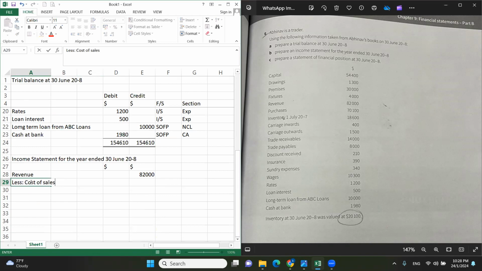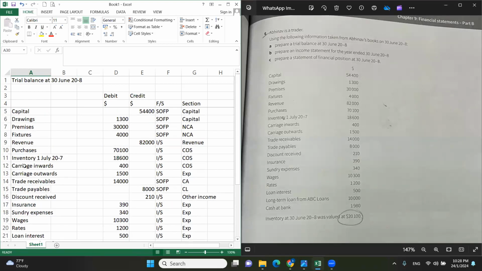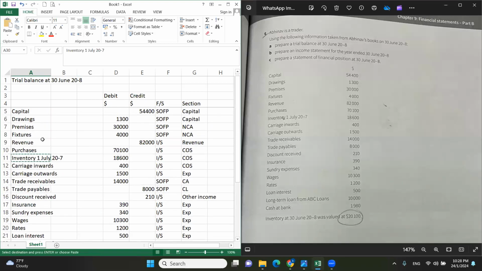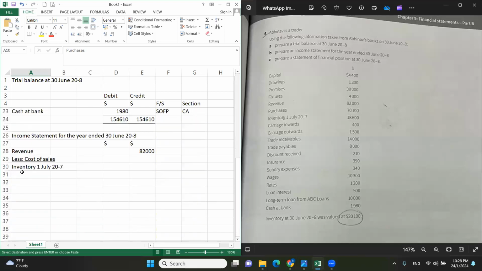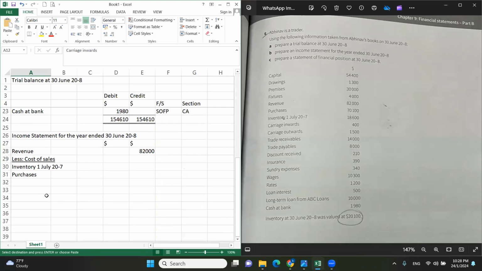Cost of sales. So our cost of sales is that, let me see, what are the cost of sales items? Opening inventory. This is opening inventory. We have the purchases, and then we have carriage inward, and then, okay, let's put in the amounts first.